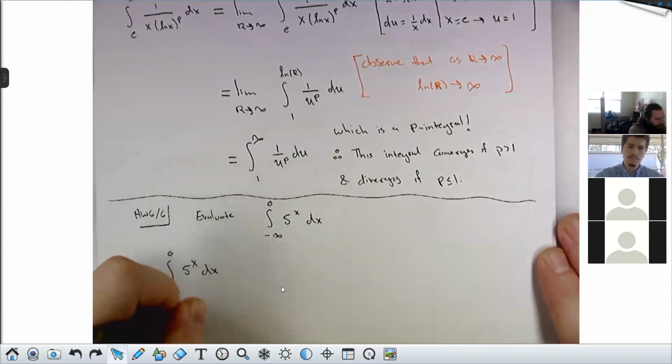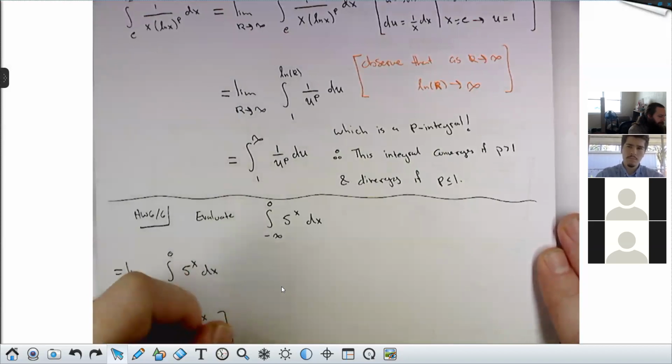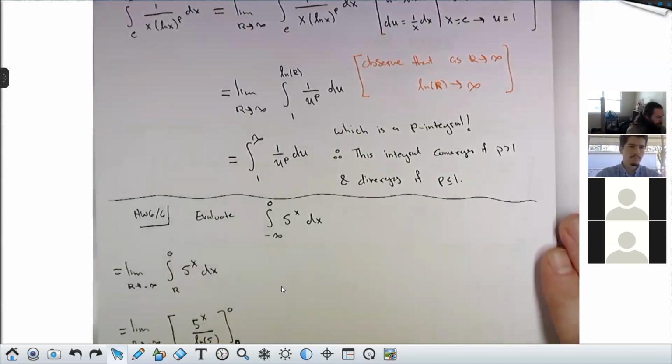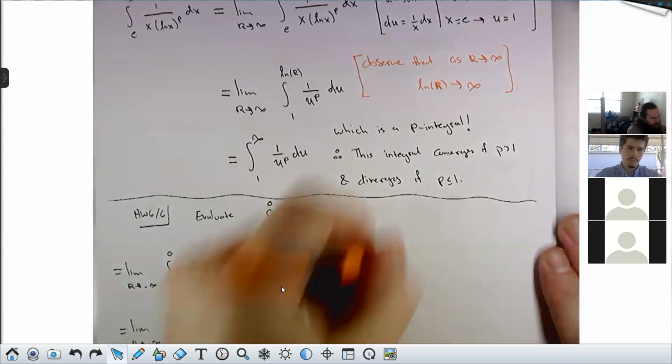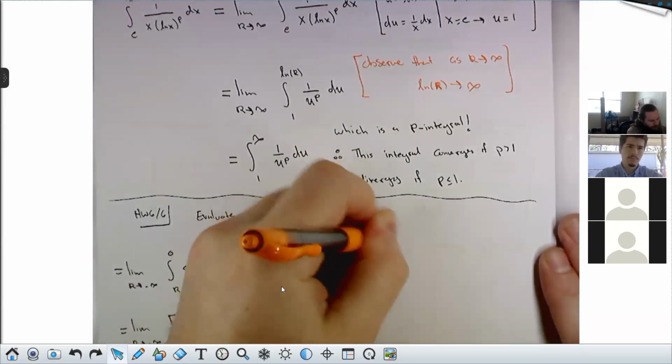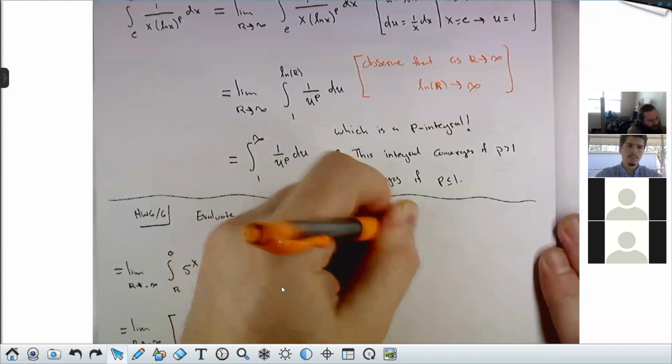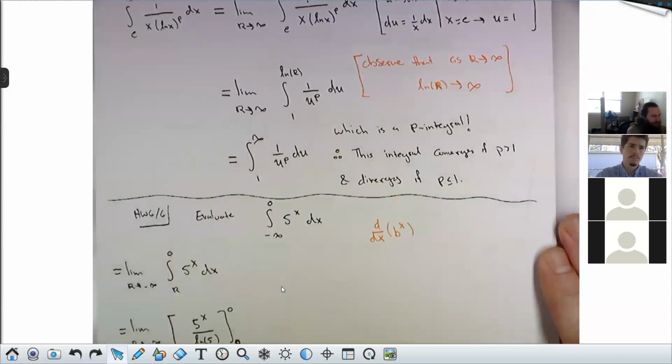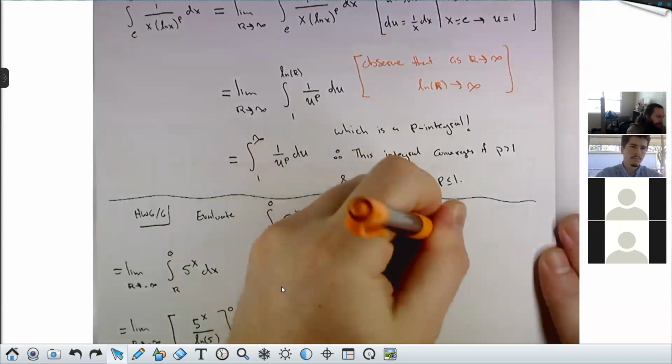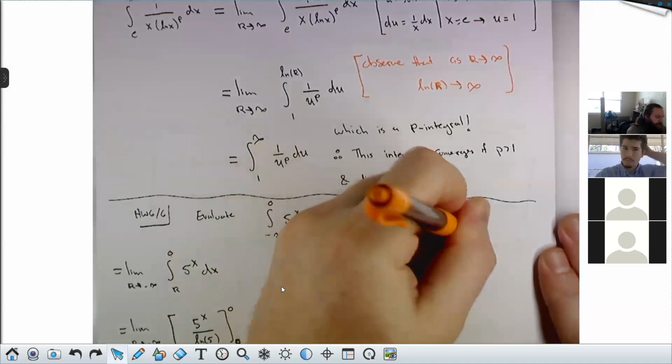This is 5 to the x divided by the natural log of 5, evaluated from r up to 0. The rule running in the background here: remember that the derivative d dx of another base exponential b to the x is b to the x times the natural log of b.